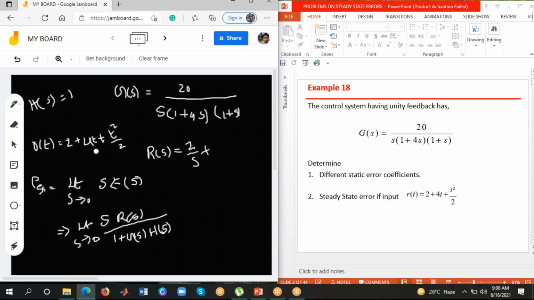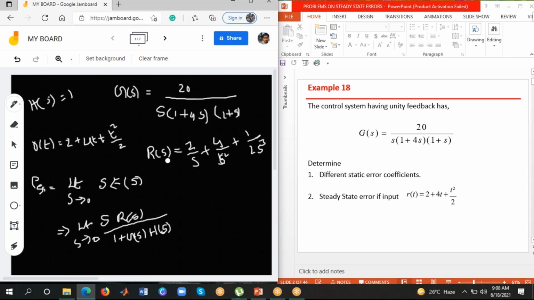Plus, second, if you apply the Laplace transform of 4t, then you will get 4 by s square. Plus, if you apply the Laplace transform of t square by 2, then you will get 1 by s cube.